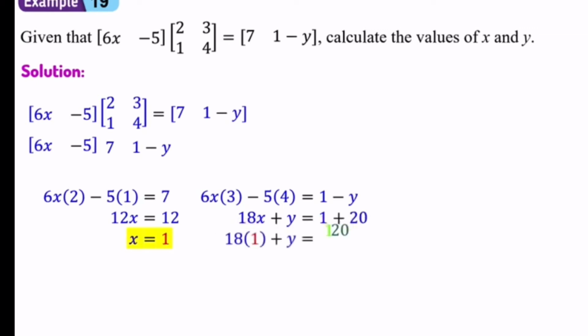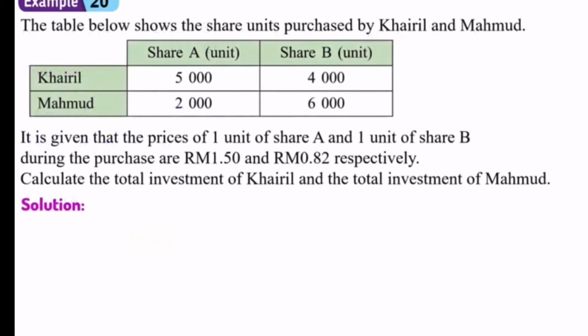Okay, so it's quite easy. After you perform multiplication of the two matrices, then you solve the unknown for the matrix equation. Okay, so we have solved this. Now let's see example number 20.